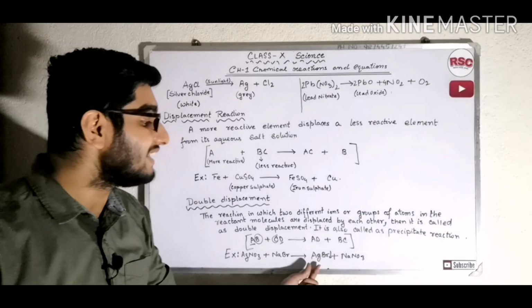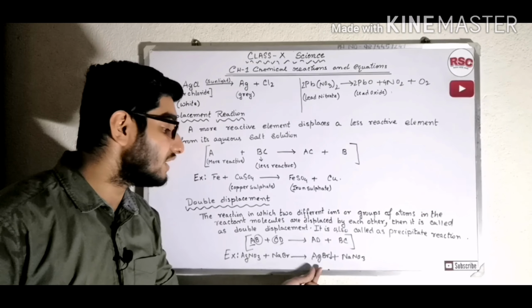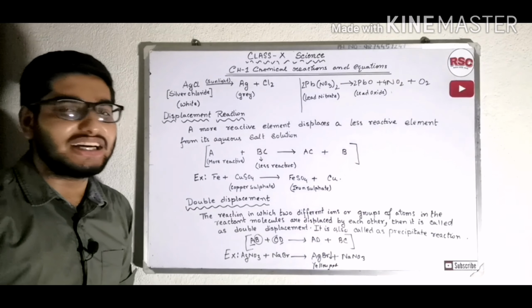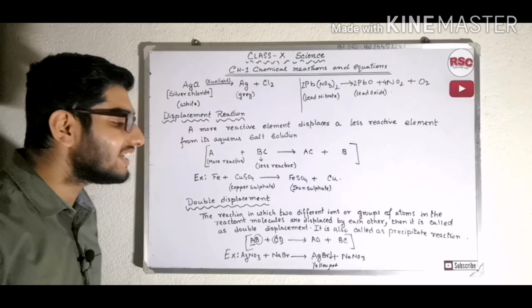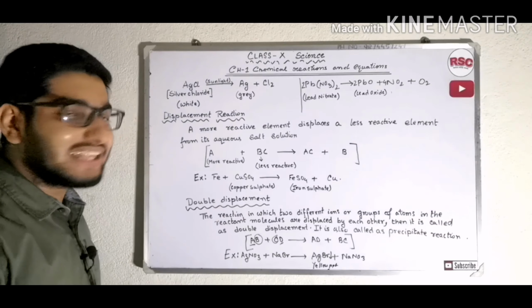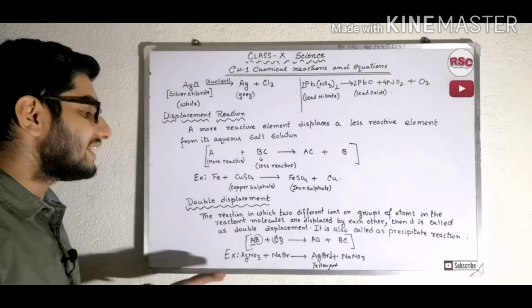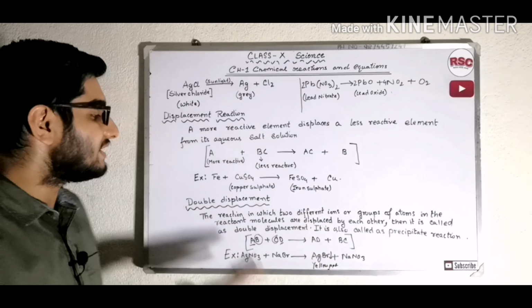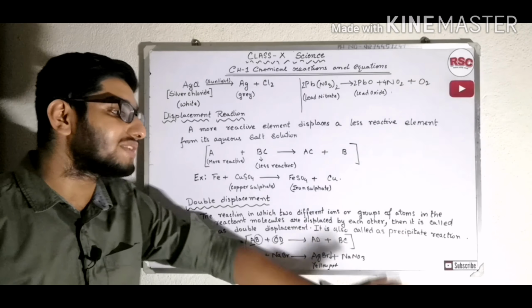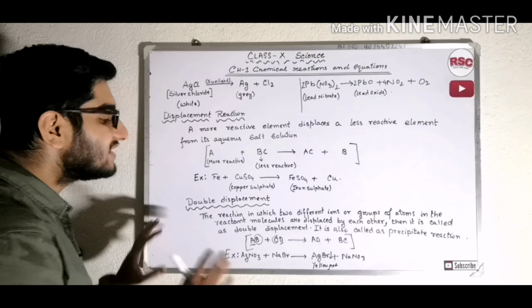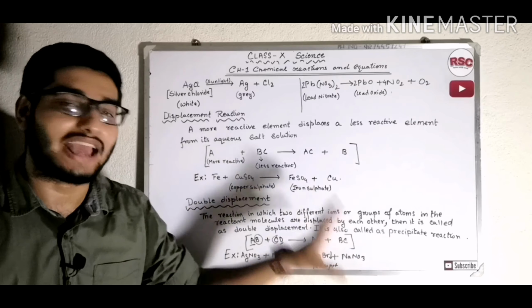This silver bromide is a precipitate and it is yellow in color. A yellow precipitate means it is formed at the base of the reaction, so it is called a precipitate, and in every double displacement reaction a precipitate is formed, so it is also known as a precipitate reaction.